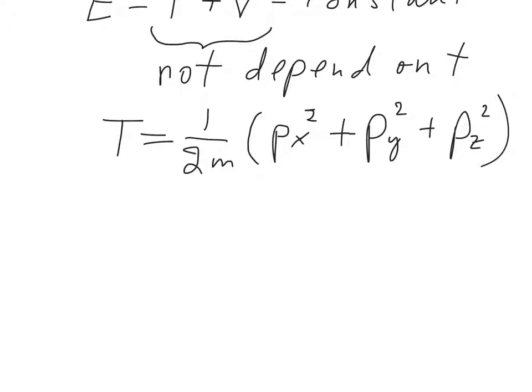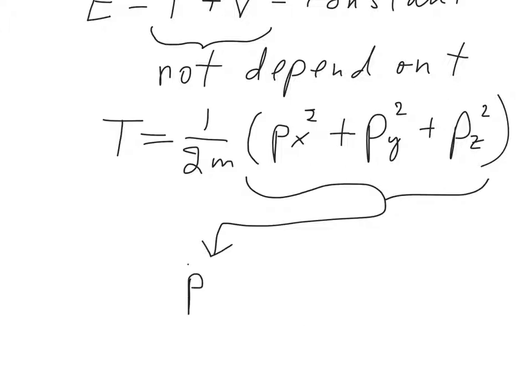And if you know a little bit of vector notation, and things like dot products, you should be able to see that this is simply vector P dot P, the dot product of P with itself.